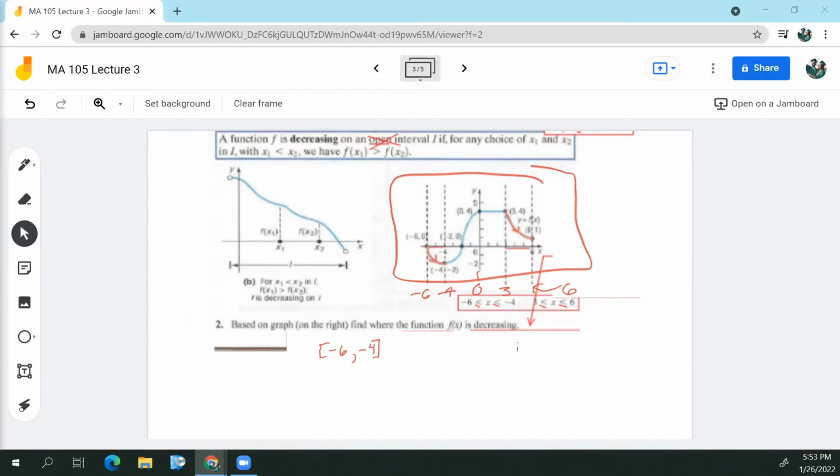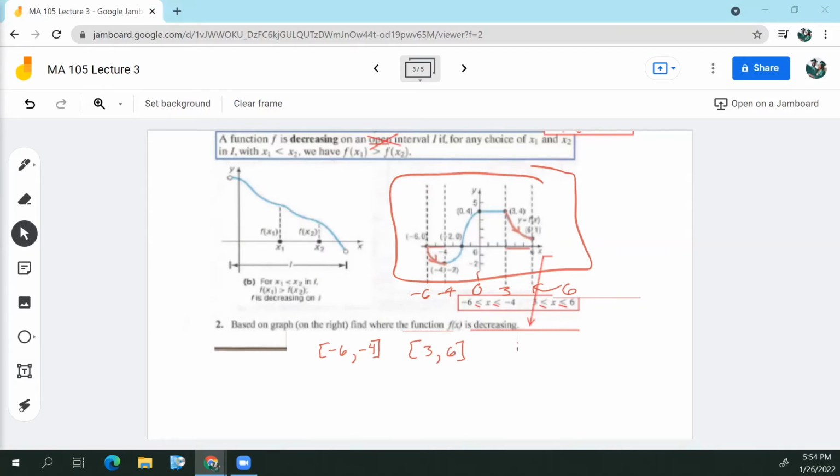Anybody else want to tell me what I should write for the second decreasing interval? Because there's two of them. What should I write there? Yes, a 6, yeah. Absolutely. Everybody got that?